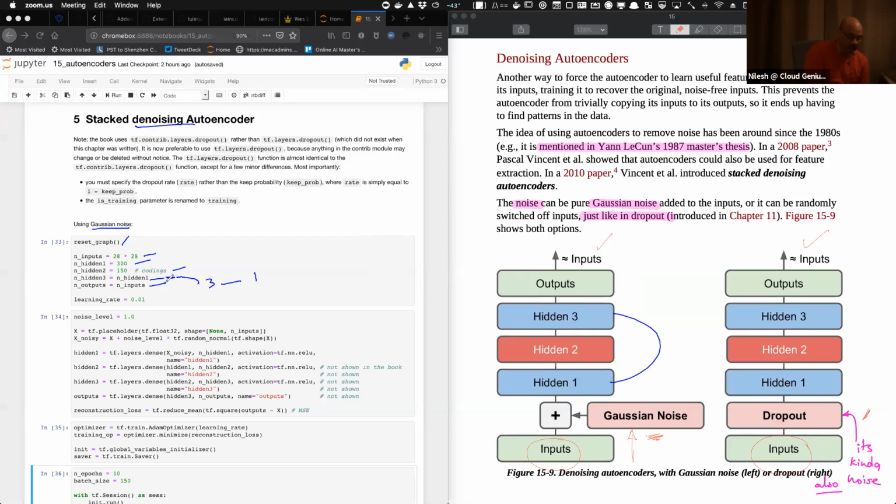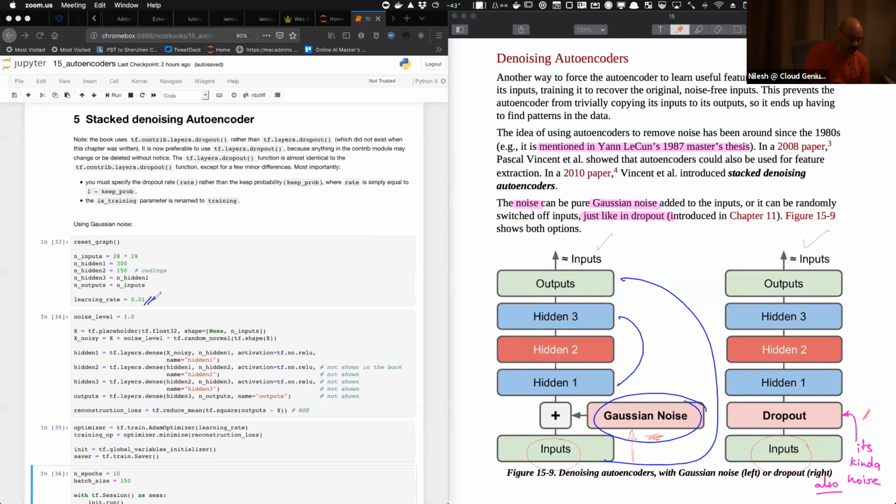You want your output to match your input. That's what you're really trying to accomplish, that our network becomes symmetrical like this. Even though we add noise, we'll now add the noise element.